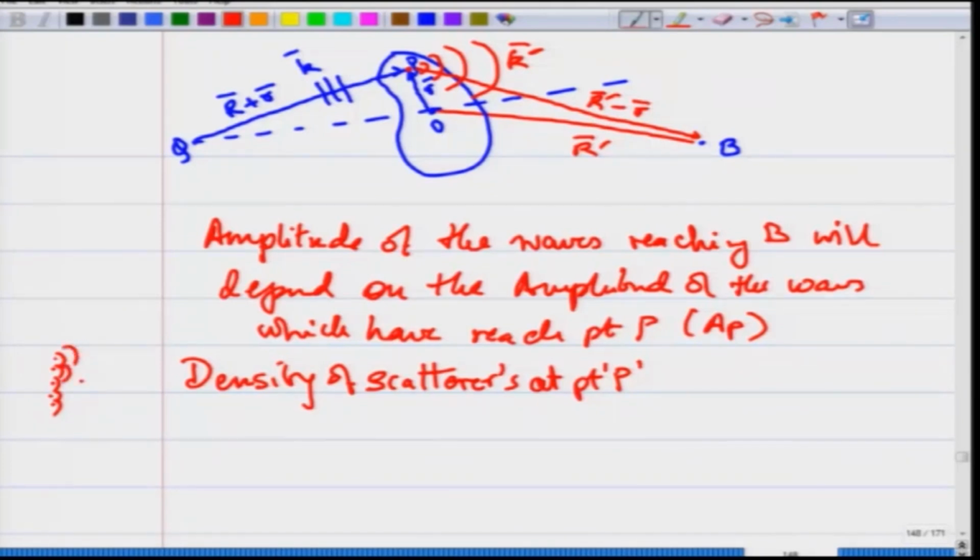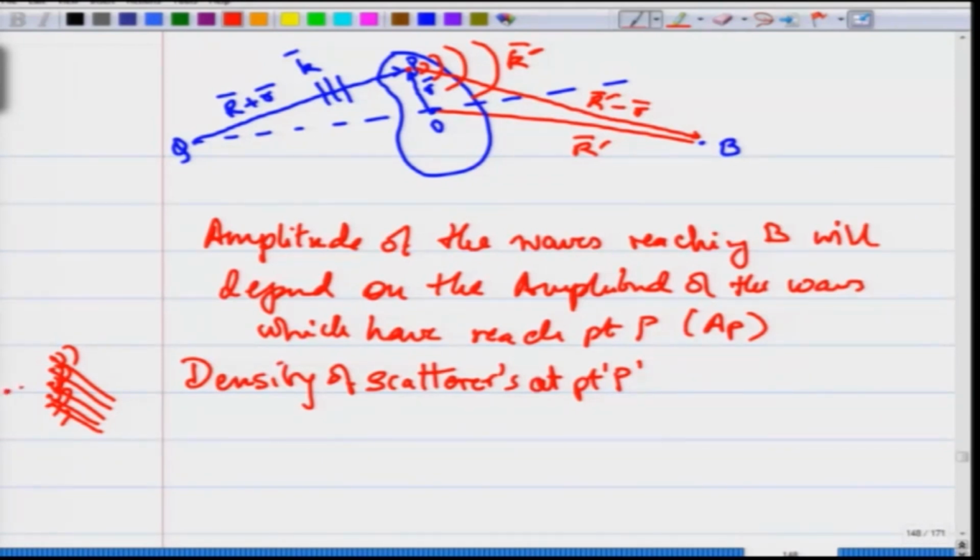So, you have a wave which strikes point P, but you have a large number of scatterers. If you have more scatterers, each of them will generate a spherical wave, and so you will get a scattered intensity which will get multiplied by the number of points which are present at point P.